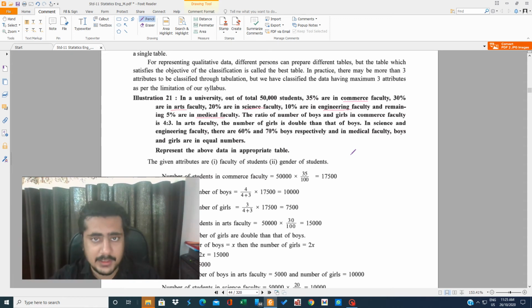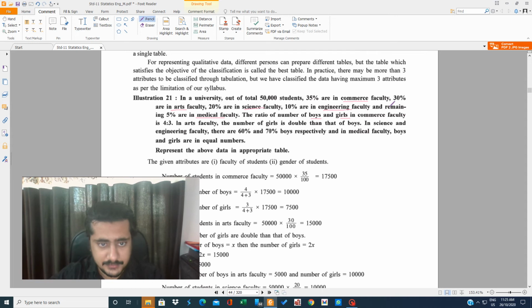In each and every row, there should be two columns, because they have talked about boys and girls.